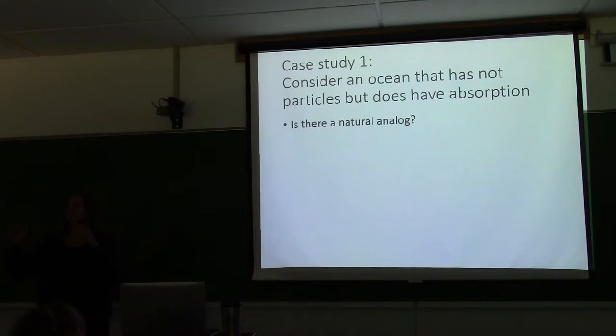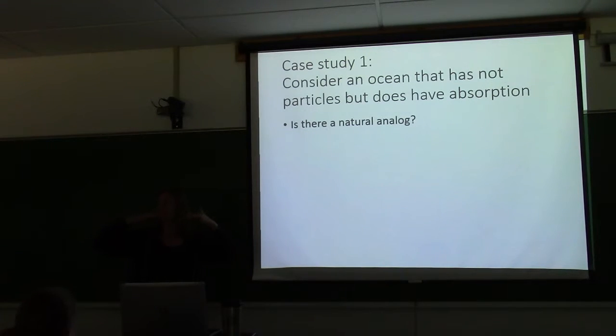Now, if the spectrum of the absorption, say, was bigger in the red than in the blue, as you went deeper and deeper, you might lose red light first, and it would get bluer and bluer until it got black at the bottom. You still would not see blue light coming out the top because it's never redirected by scattering. You would only be able to detect that as you were diving down, and you would lose different colors.